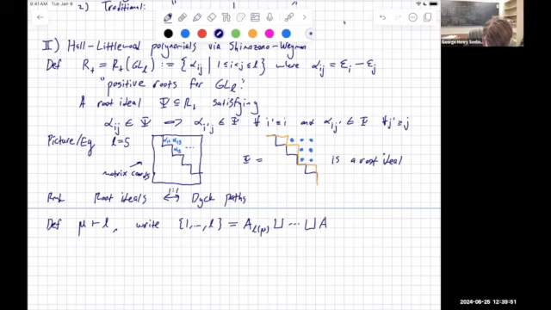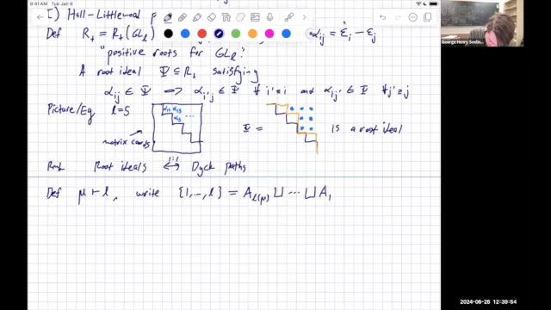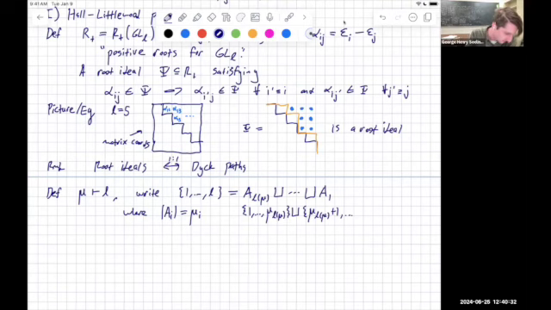So I want to write it as a bunch of disjoint unions of intervals, where the number of elements in A_i is mu sub i. So this is going to look something like 1 up to mu sub 1. It's a little recursive, but that's okay. This is the simplest way to break up this set. So then the next interval starts at mu_1 plus 1 and so on.